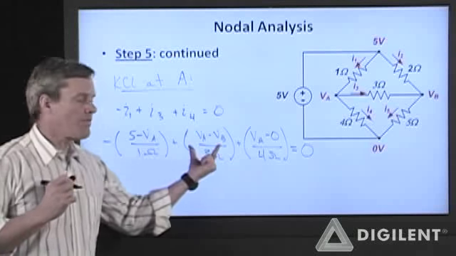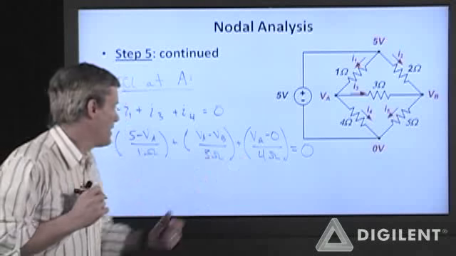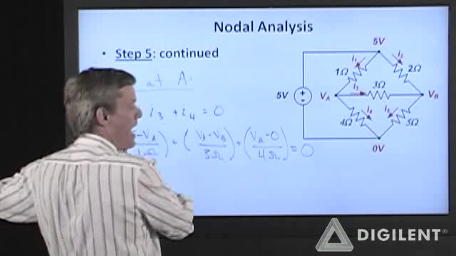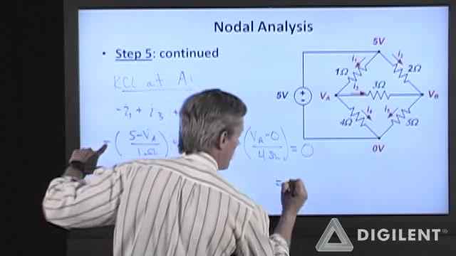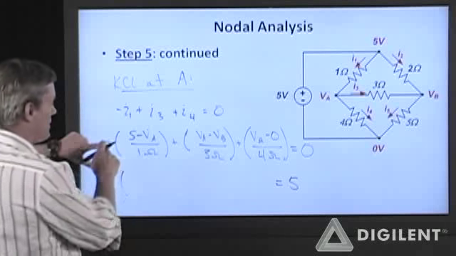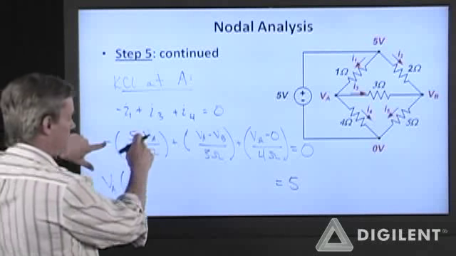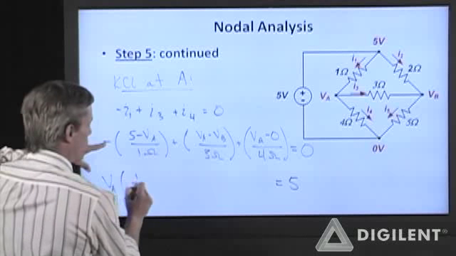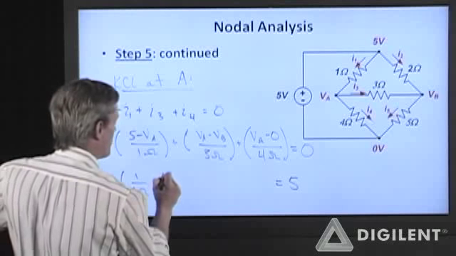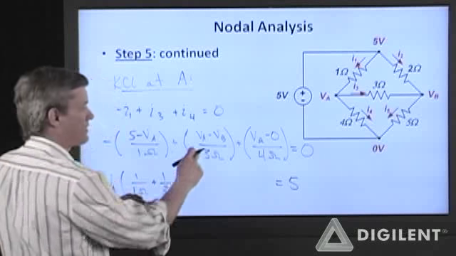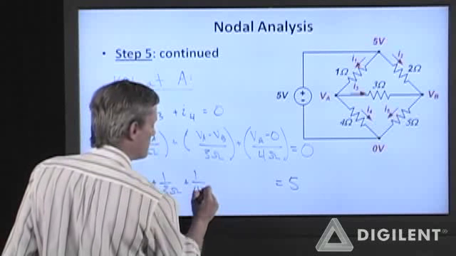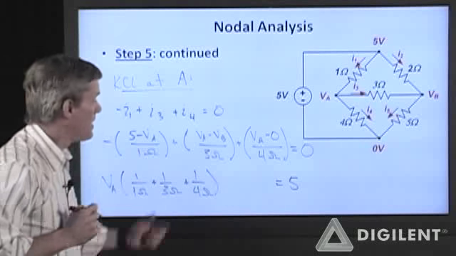Now I can group the multiplicative factors on VA and VB. I have a negative 5 over 1, which becomes a 5 if I move it to the right-hand side. Then VA, negative times a negative is a positive. This becomes 1 over 1 ohm plus 1 over 3 ohms, multiplying VA, plus 1 over 4 ohms multiplying VA.